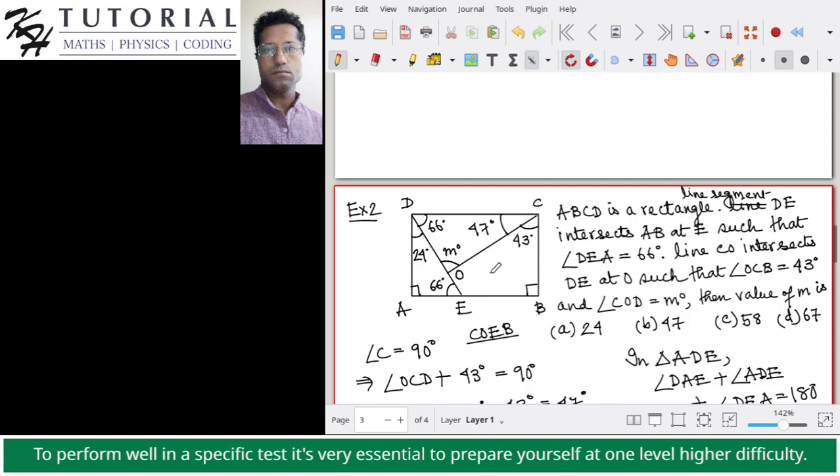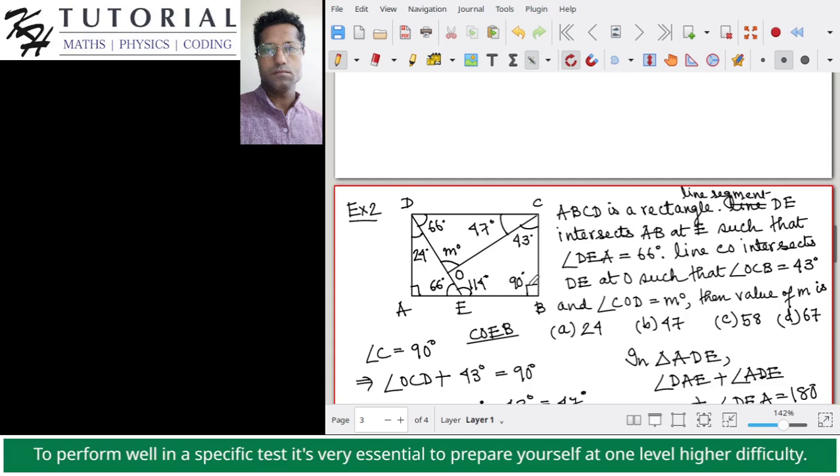We can find this angle: 180 degrees minus 66 is 114 degrees, and this is 90 degrees.